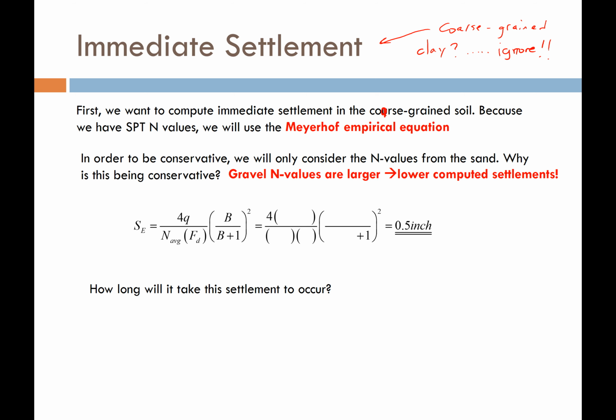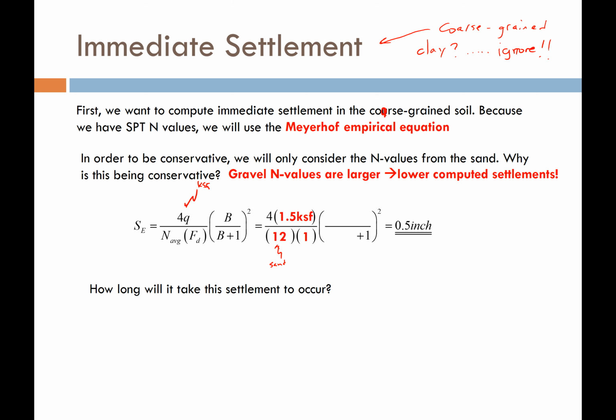So here we go. Here's the equation we're going to use. We just have to plug everything in and make sure that we're using the right units. So q, you'll recall, is equal to 1500 psf, but remember that q has to be in units of ksf. So it's 1.5 ksf. And our average blow count we're going to assume is 12, and that's from the sand layer.